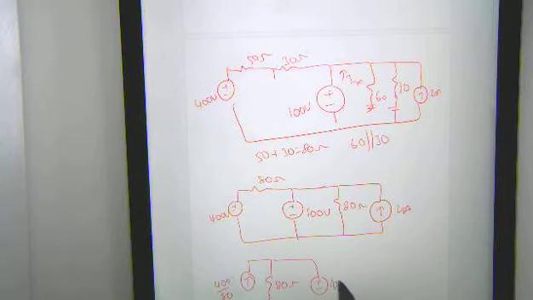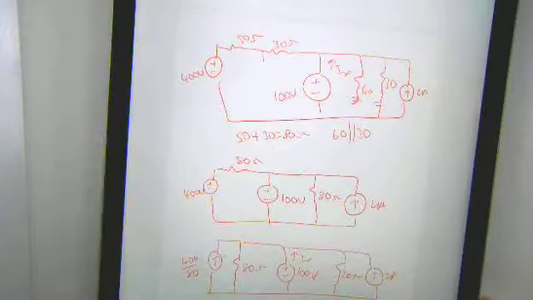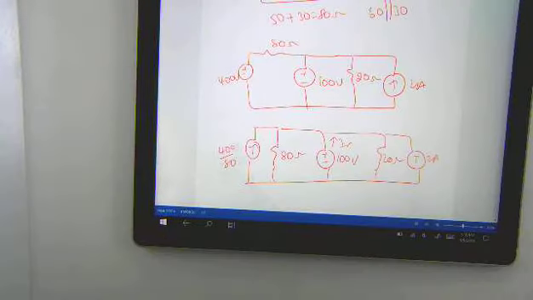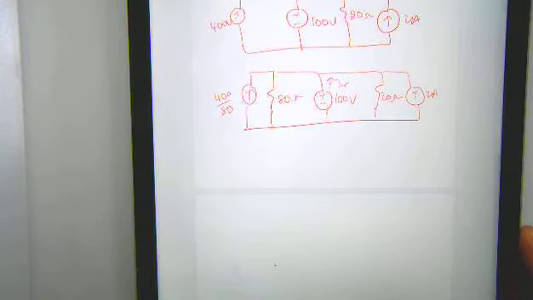I'm not messing with this 100 volt since I need to find that Ix there. 20 ohms, 2 ampere. Now how many nodes are there in the circuit? There are 2 nodes, right?